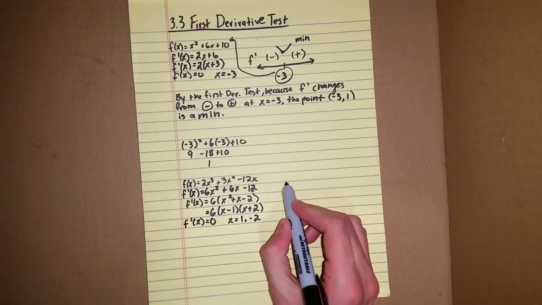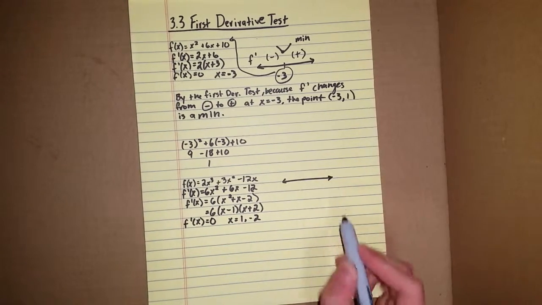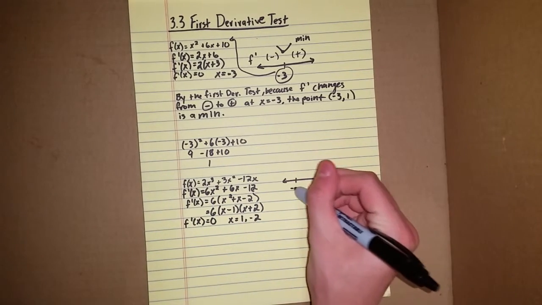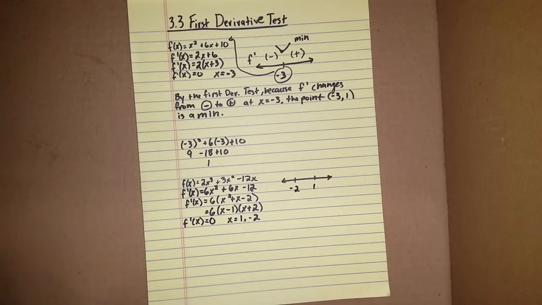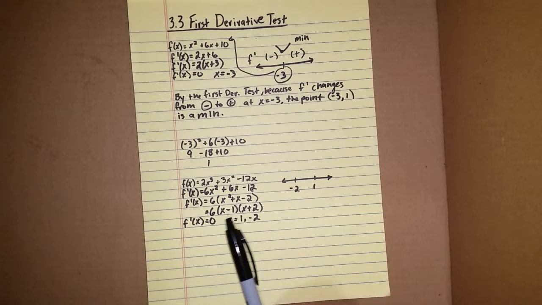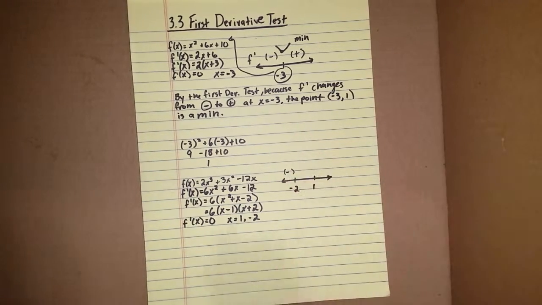So once again, make our number line. This time we have negative 2 and positive 1. Plug in a number that's less than negative 2, so negative 1,000. Plug it in here, we find that this number will be negative.